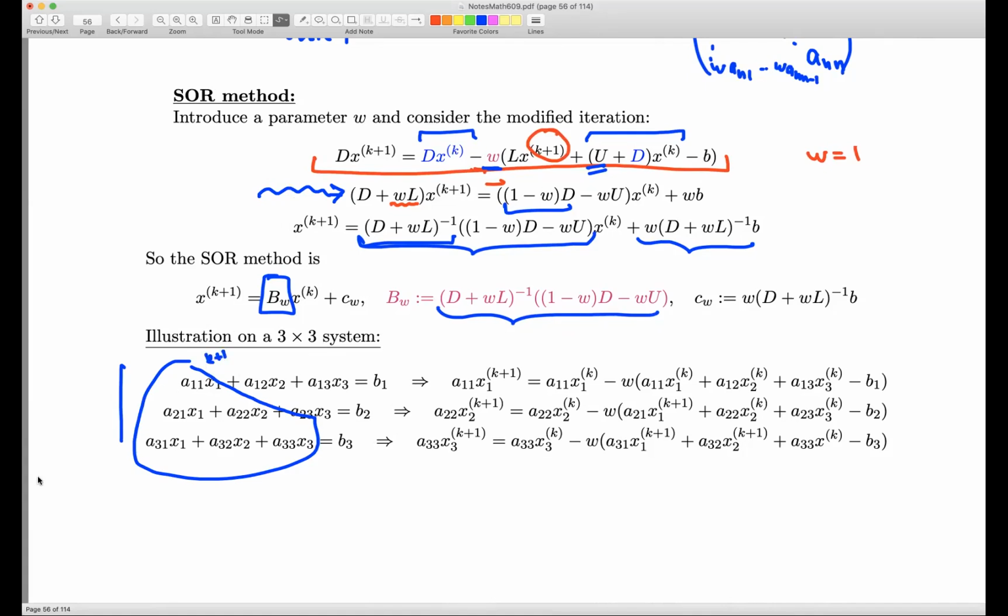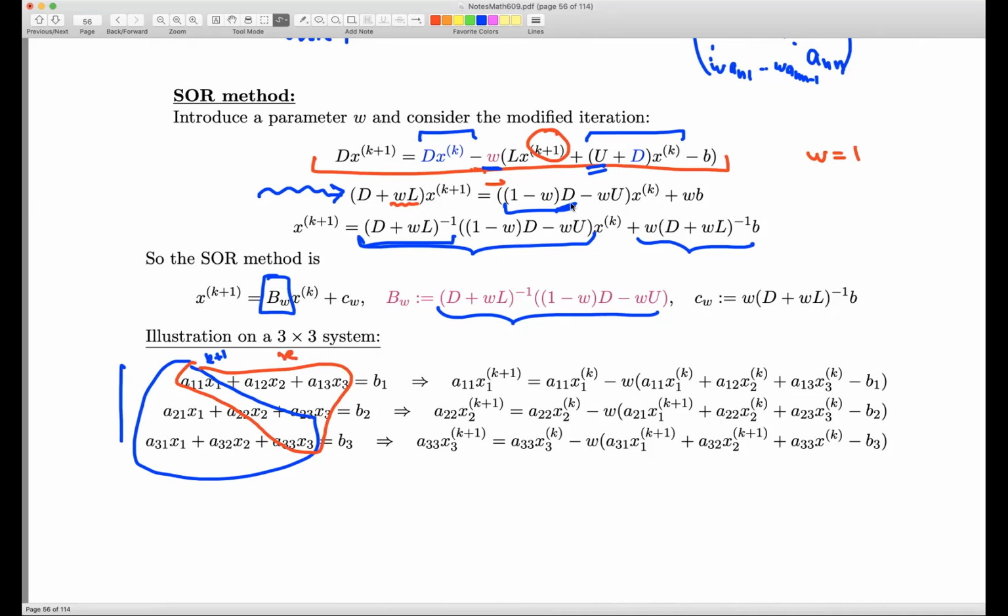And all the elements that are on the main diagonal, let me put red. Now, also, some of the elements, you will have D also, so all the elements that are above the main diagonal and on the main diagonal, some of these elements will have an index k.